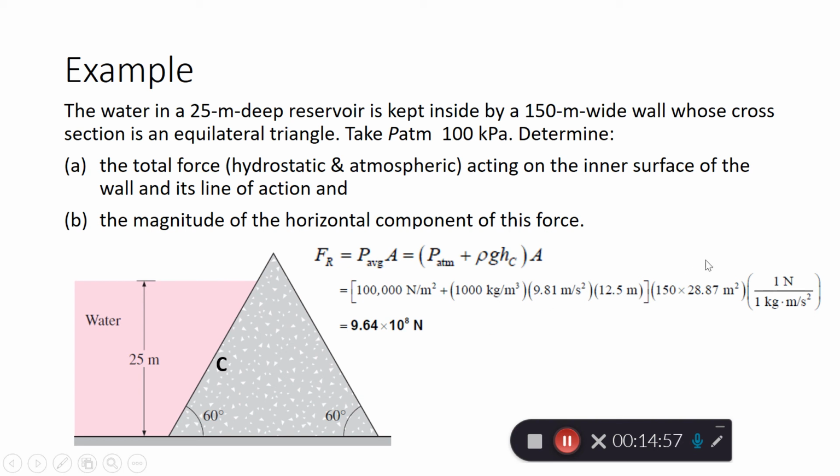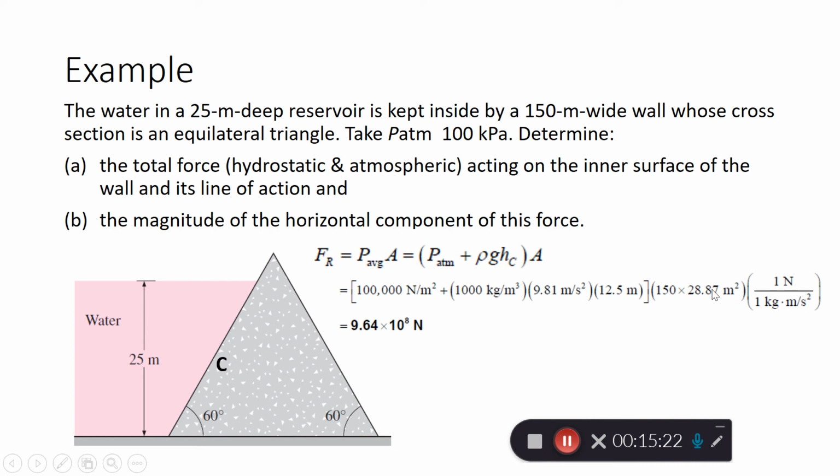Okay, so this is the area of the wall that is in contact with the water. The width of the wall is 150 meters. We don't see the width in this diagram; the width is going into the screen. And the other edge, which is the height, will be 28.87.